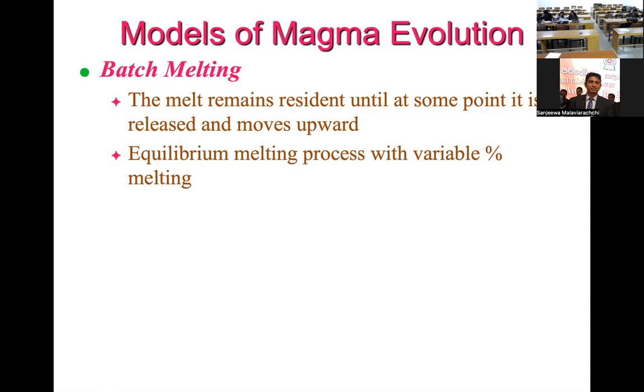Because geochemists have formed some models based on these partition coefficients, and then compared current igneous systems with experimental data, of course, and found there are different ways of modeling.